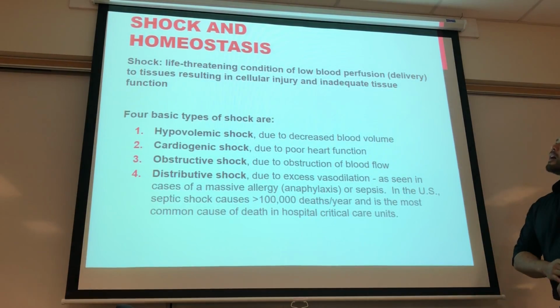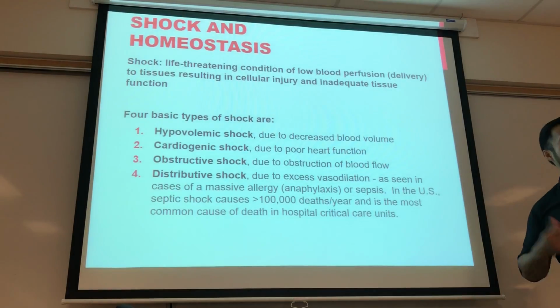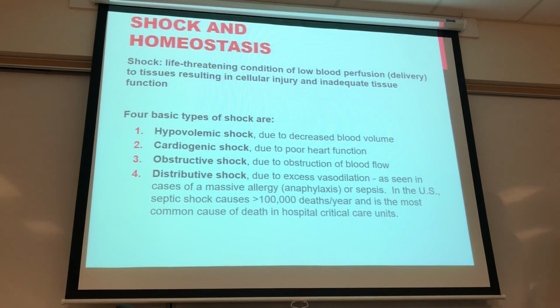And of those, again, life-threatening, because due to that low blood perfusion, results in not enough oxygen to those tissues. And obviously that can be a cause for concern, because ischemia, or damage due to low O2, is a concern. So we have different ways in which we would have extreme blood pressure drop, of which we have 4 types.